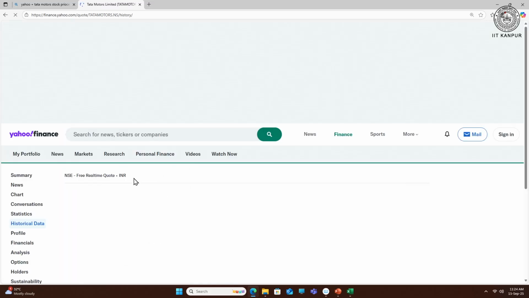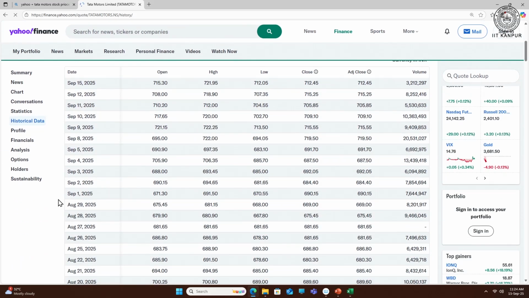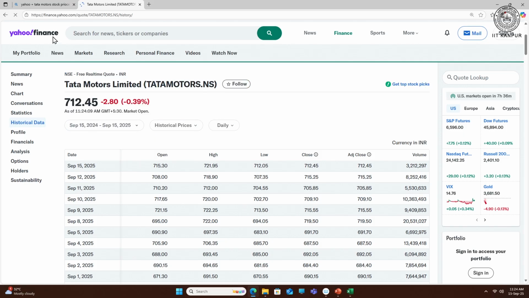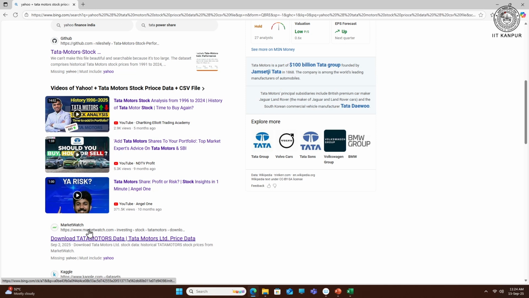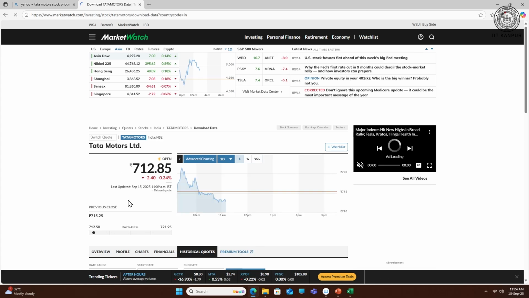Let me take Tata Motors, or I will just copy it and read some data and then proceed accordingly. Let me open another site. If we are able to get the data, it will be much easier for us.